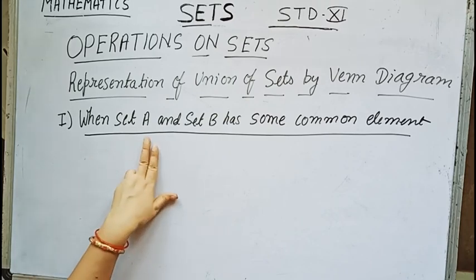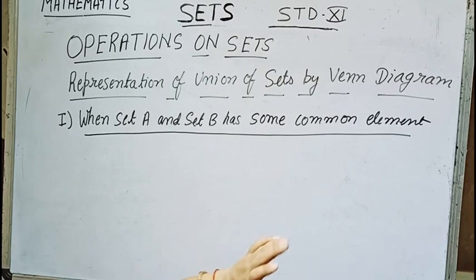Now, case 1, when the set A and the set B has some common element.